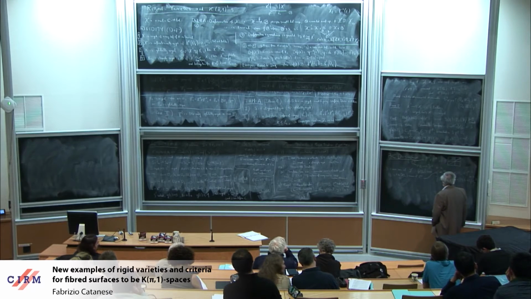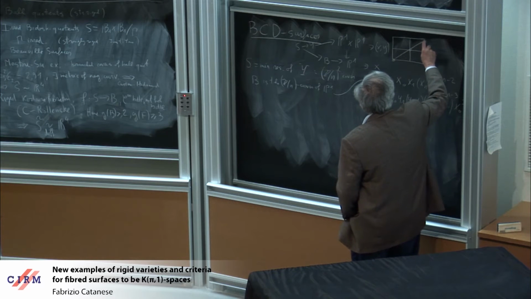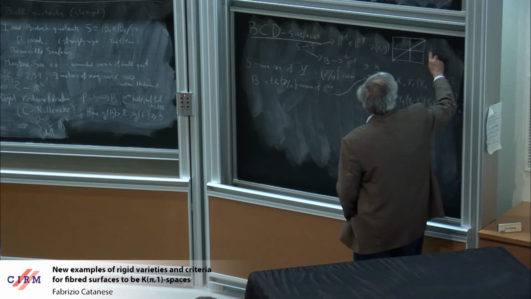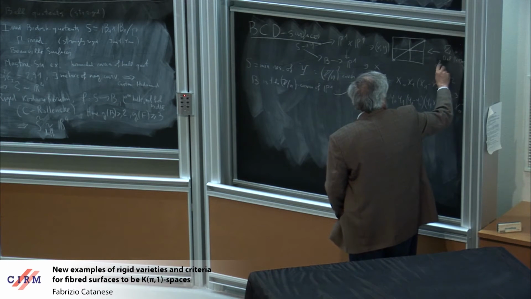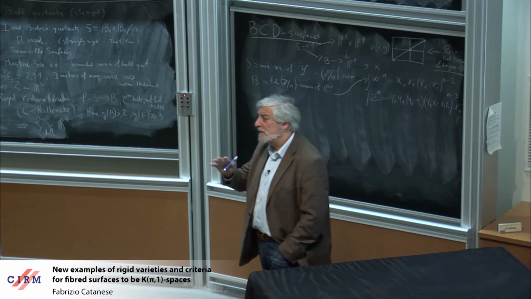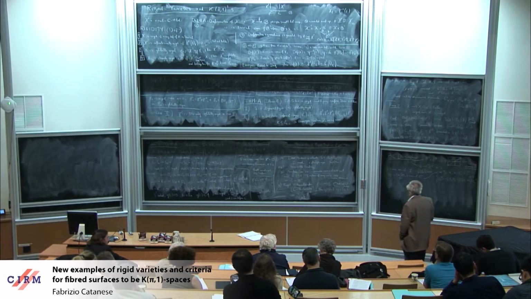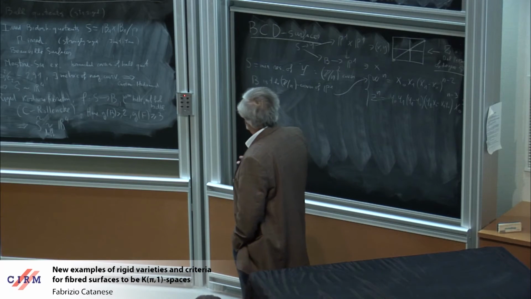In order to make the desingularization, you have to blow up these 3 points, and so you get a del Pezzo surface of degree 5. This is a beautiful surface which admits the symmetry of the symmetric group S5, and this will be quite useful in the sequel. Now, why were we interested?